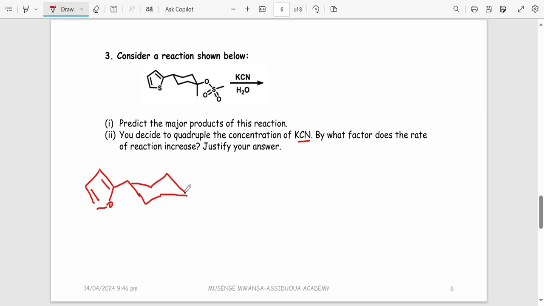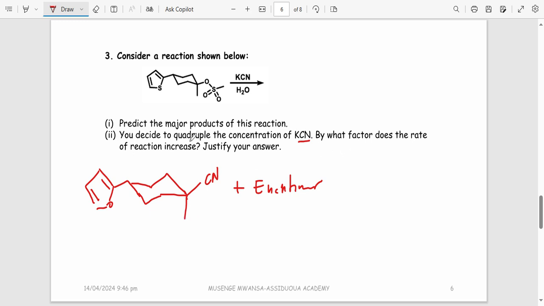The cyanide can come and attack axially, or I could have put it here and then the methyl here. Or I can simply write this product here and put plus enantiomer, because you're supposed to produce two enantiomers where the cyanide is either at the back or at the front.